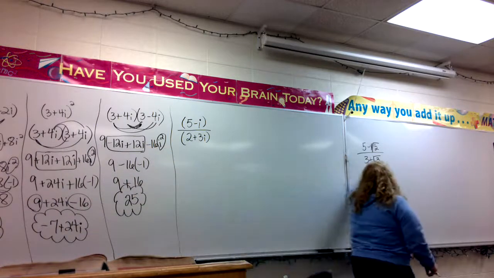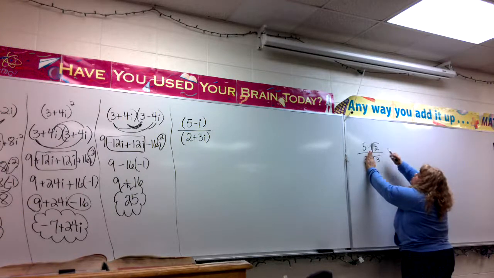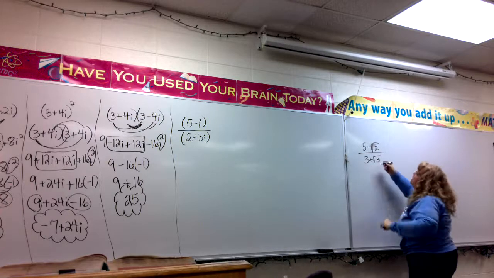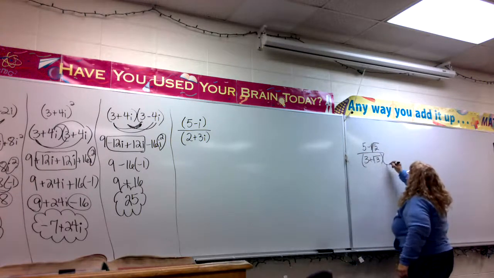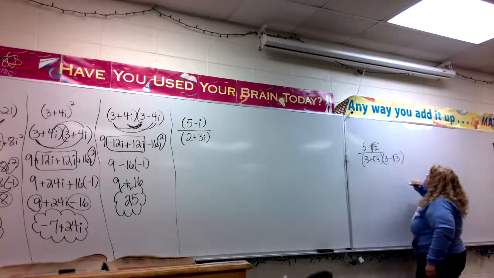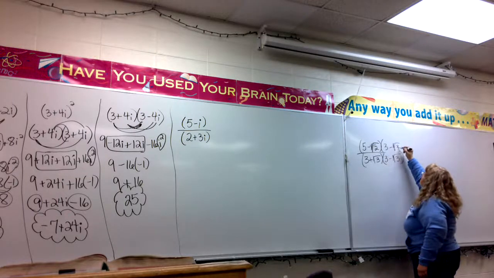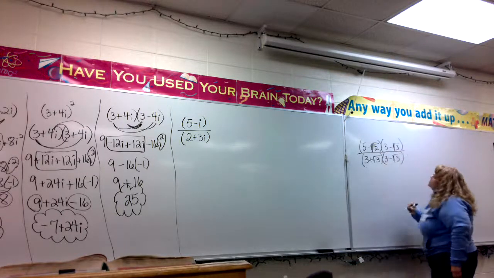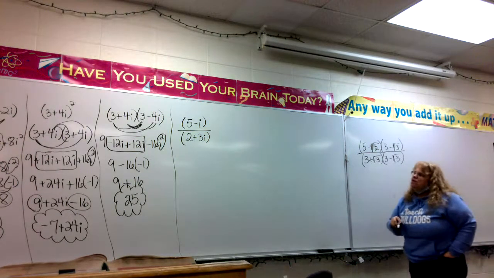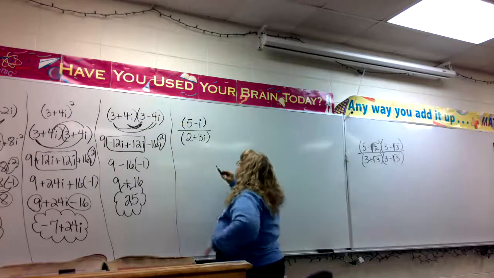So when it was more than just a root, if it was just root 3, we'd multiply by root 3 over root 3. But when we have two terms here, the way that we got rid of that, do you remember? We multiplied by the conjugate, top and bottom. Does anybody remember that? Same quantity, opposite sign. Well, that's exactly what we're going to do here when you have two terms.